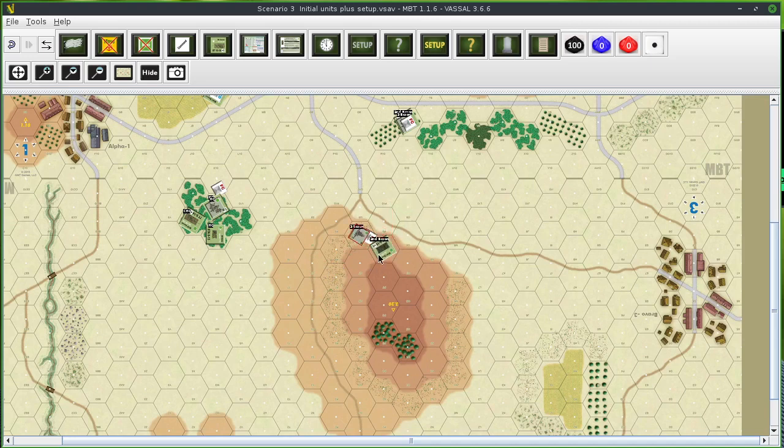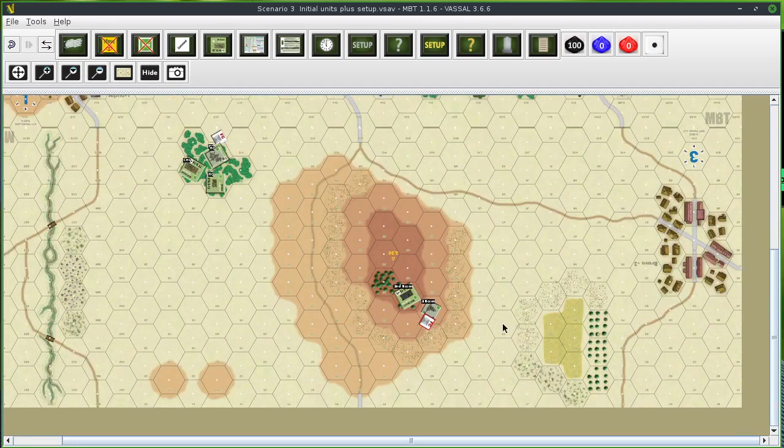So all my Bradleys have TOW missiles, which is nice, I should say. And this unit right here, I'm going to put them just below, kind of off to the side in full cover. Okay, that's good. So this unit right here is going to be hull down.